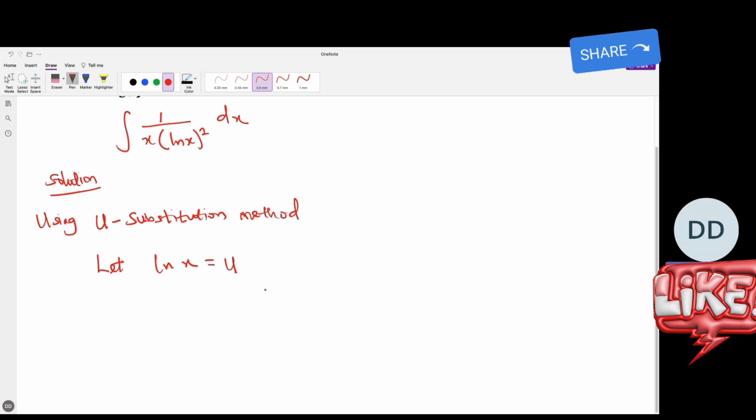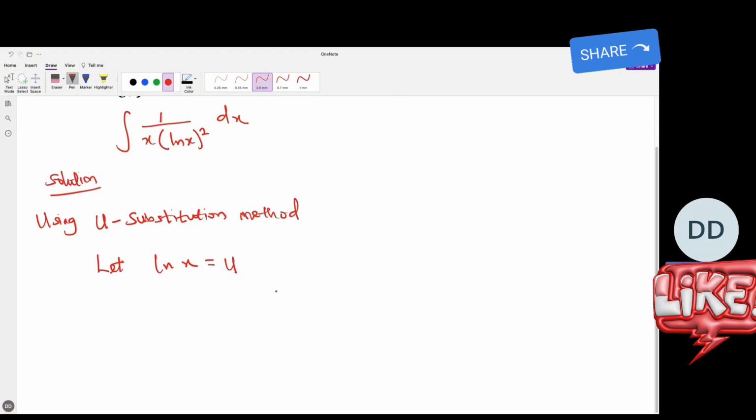Since we said we should allow our natural log x to equal U, what do we do next? Exactly, so we solve for x.